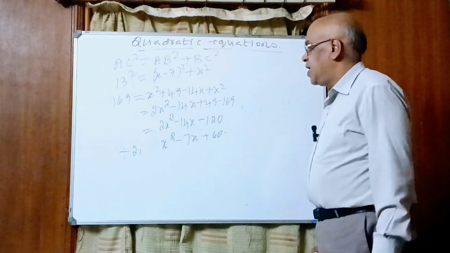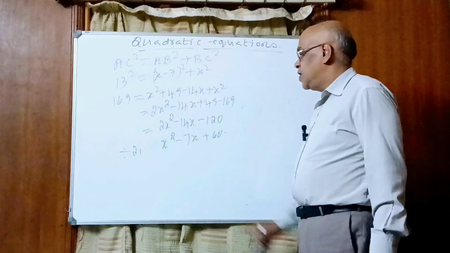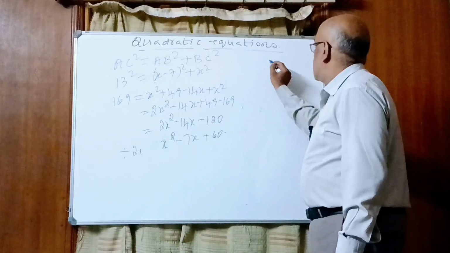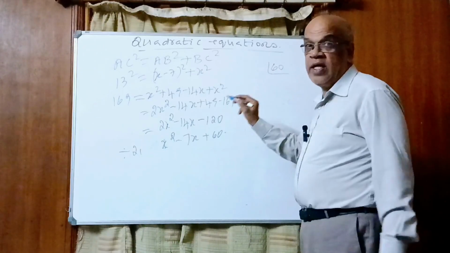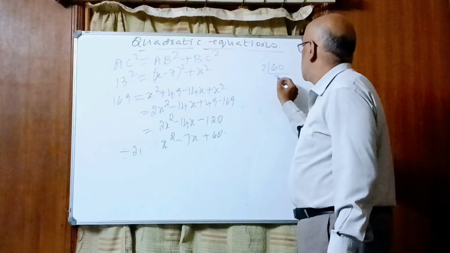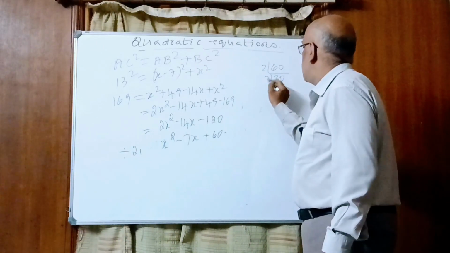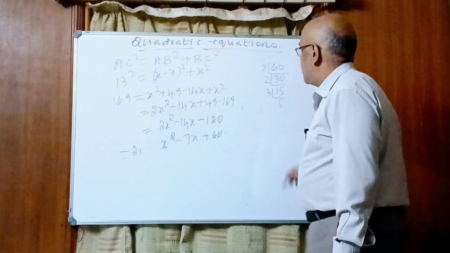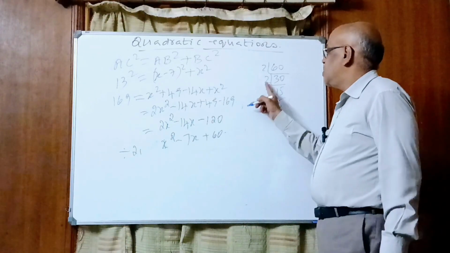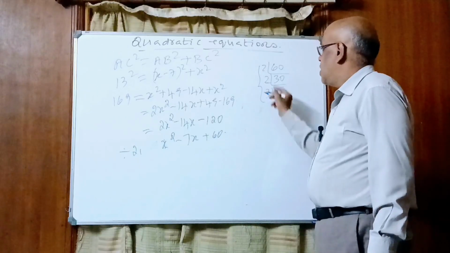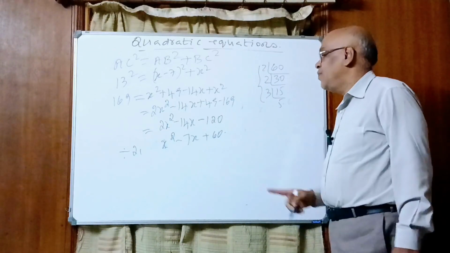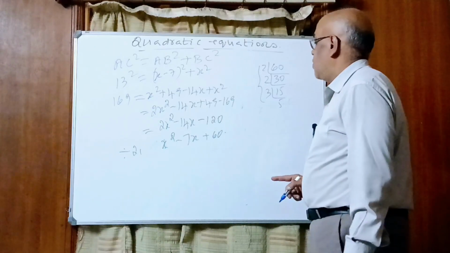What are the factors, children? For 7x and 60, split the middle term. So factorize 60. 12 fives are 60. Twelve minus 5 is 7.